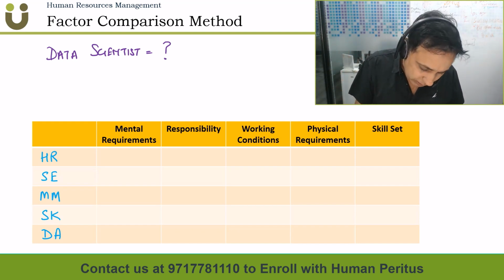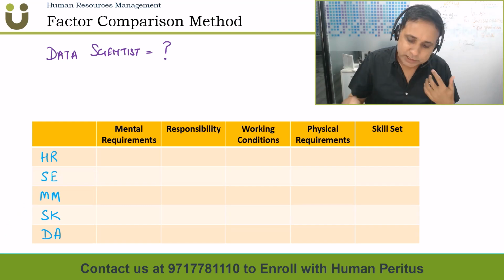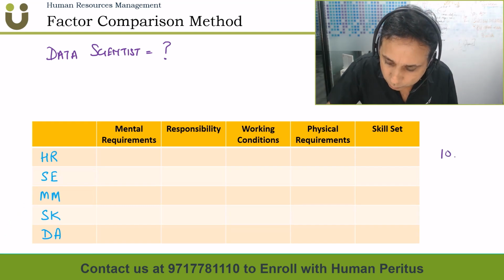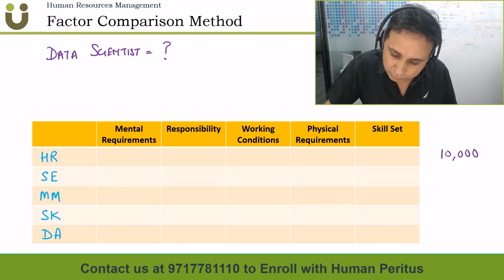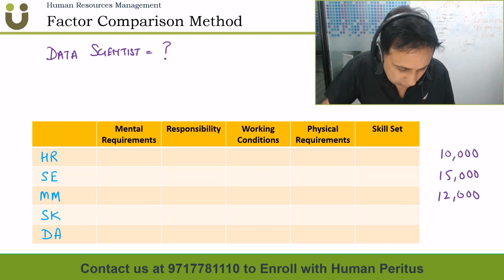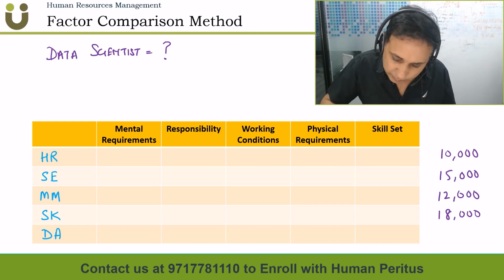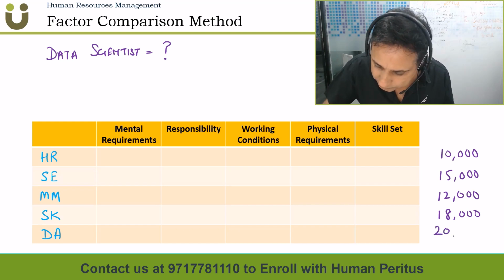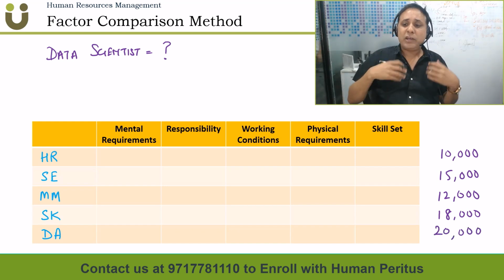So for example, we might be paying HR maybe 10,000 rupees, a software engineer 15,000 rupees, marketing manager 12,000 rupees, storekeeper 18,000 rupees, and data analyst 20,000 rupees. So this is what we are already paying.